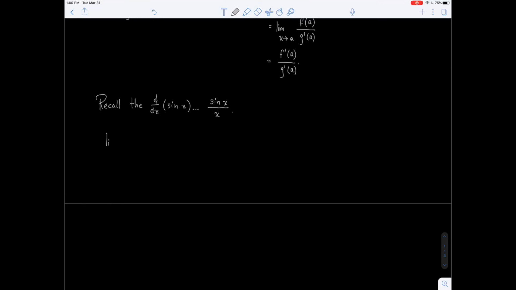So the problem, and also remember when you're finding this using the derivative formula, those x's are probably h's, but the variable doesn't matter. So let's try this. The limit as x approaches 0 of the sine of x over x. Well, right now this equals 0 over 0, which is indeterminate.